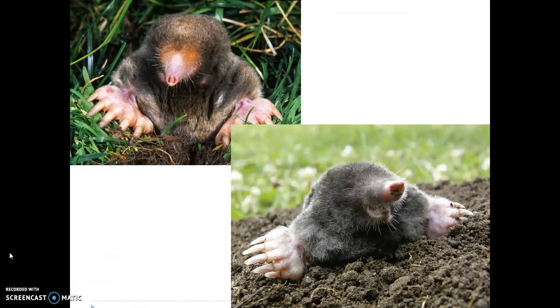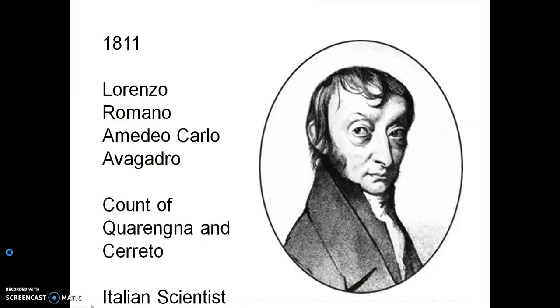Alright, hopefully now that you've watched that video you have a bit of an idea of what the mole is. We're just going to review it real quick. So the mole is a cute little creature that lives underground that has really long fingernails. But that is not the mole we're looking at. The mole we're looking at is the idea discovered by Avogadro.